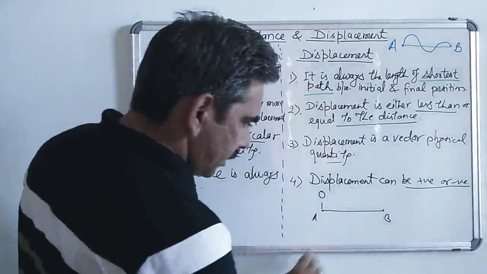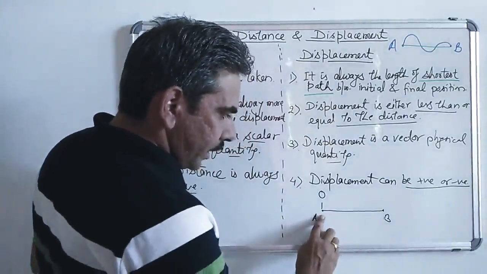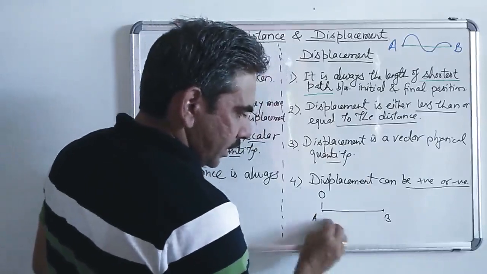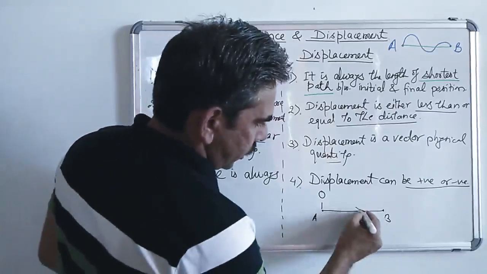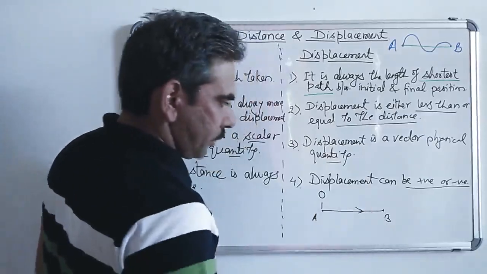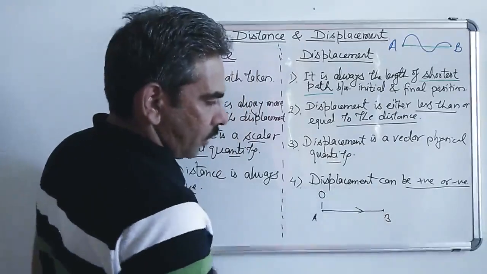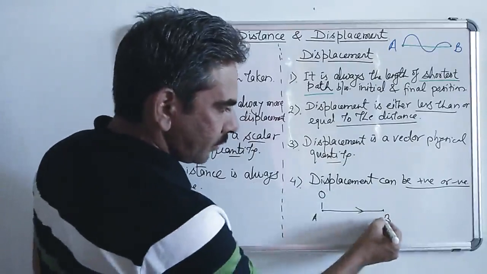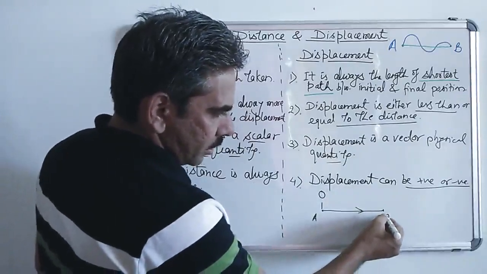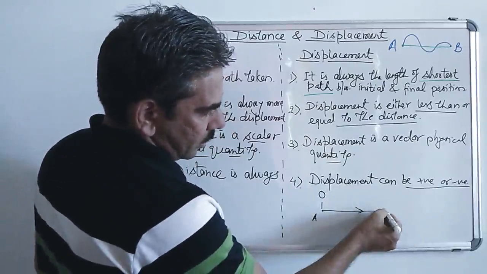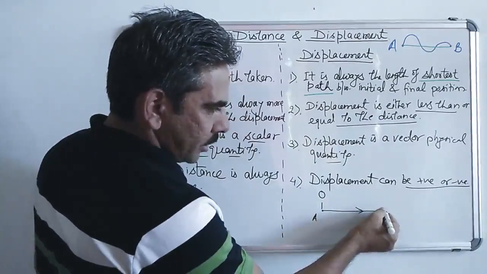For example, in this case the journey has started from A, so we take A as 0 and the object moves towards B, so we take this direction to be positive. So there is some positive value for the displacement. In the second case, suppose the journey is not completed at B, it is a momentary situation.